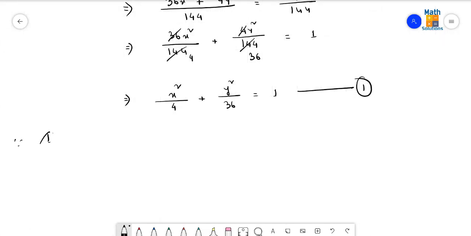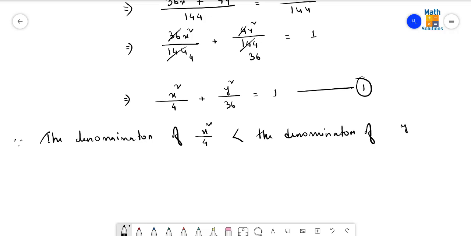Since the denominator of x square by 4 is less than the denominator of y square by 36, therefore the major axis is along the y-axis.